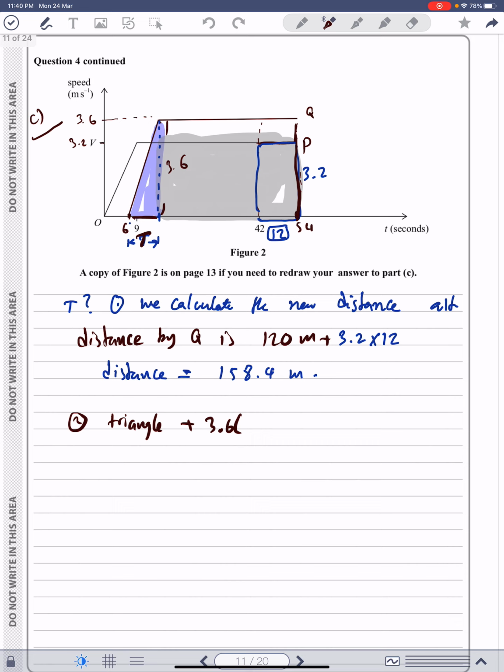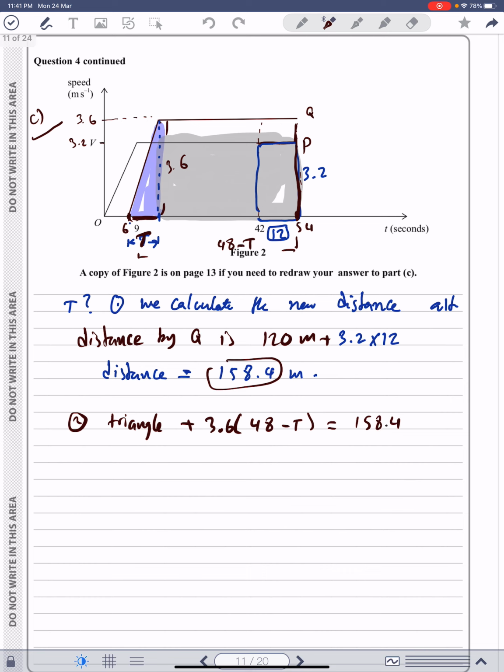This is 54, 6 is gone, so from here to here is 48. And T here will be taken from 48, getting 48 minus T, equals the distance we calculated here.